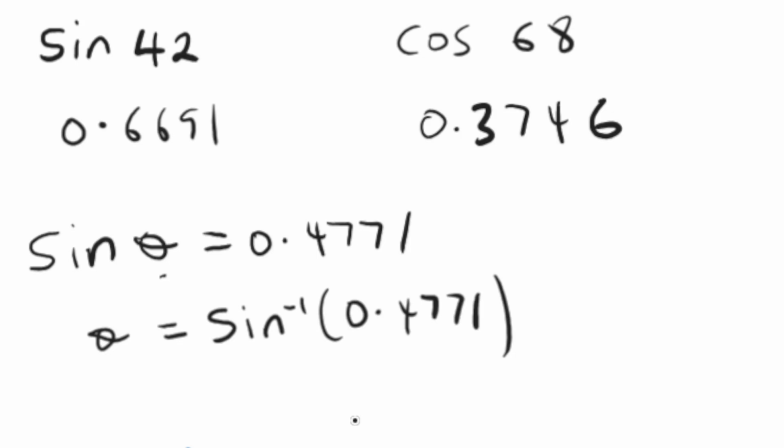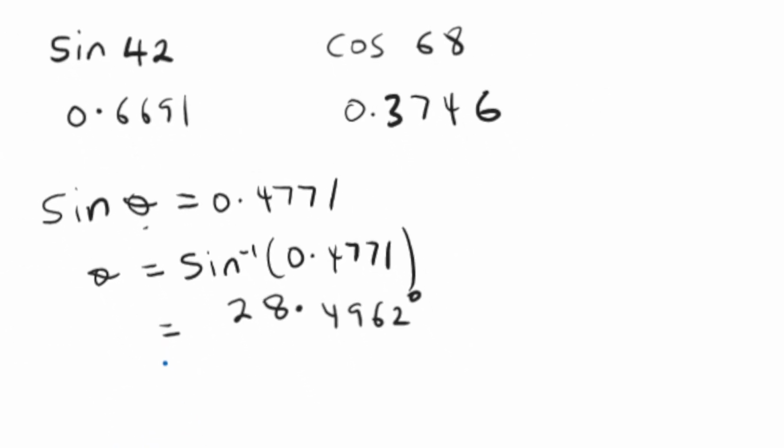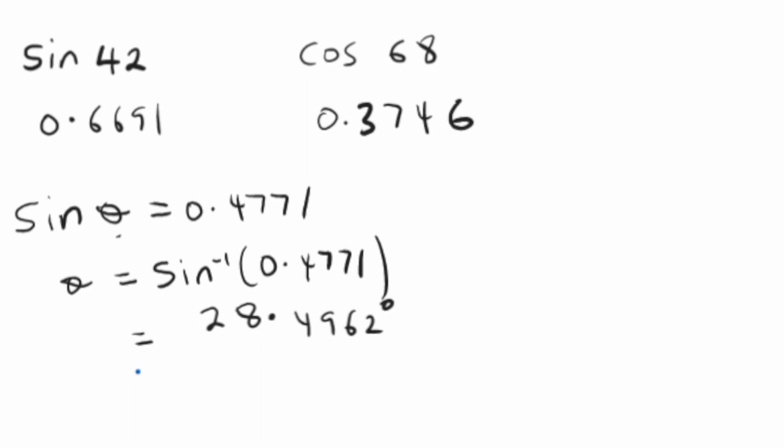Enter, and then you're going to get theta is 28.4962 degrees. You should know that it is in degrees, so you add degrees to it. So that is how you'll be able to find the angle if you are given the value of the ratio.